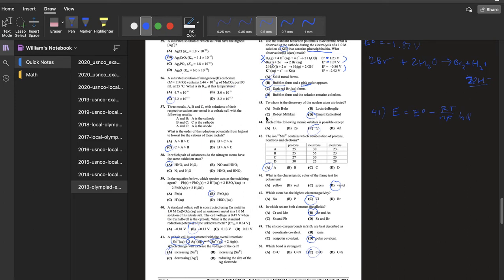Millikan made the plum pudding model, which suggested that everything is together in one pudding ball, with electrons dotted inside a positive mass, but that was proven false. So basically it's just D, you have to memorize it.